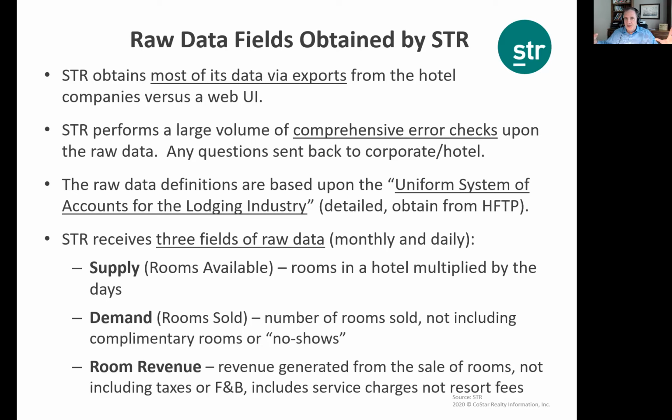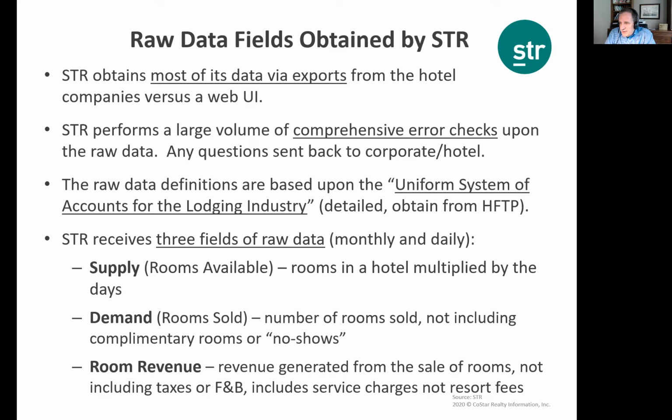Very large, comprehensive book, very thorough definitions for each of the terms that I'm going to show you here. STR receives 3 fields of data for each hotel. And we do get these for monthly and then separately for daily. So STR gets 2 types of data from hotels. We get monthly data and then we get daily data. And we do ask for both as well.